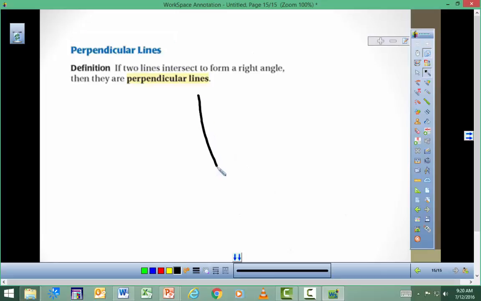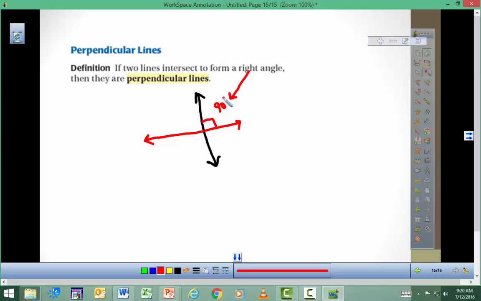So here's a line here, and we have another line come across this way. Alright, they form a right angle. So there's a right angle in here. The right angle means that the measure of that angle is 90 degrees. Well, what we're saying is that a measure equals 90 degrees, and it means that the lines are perpendicular.